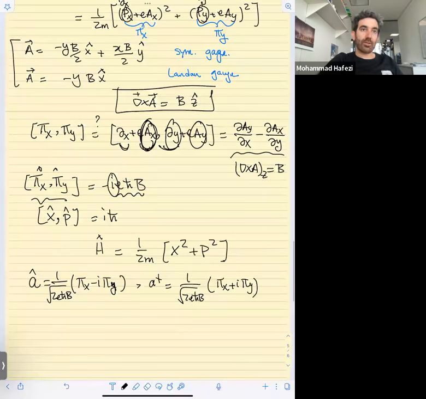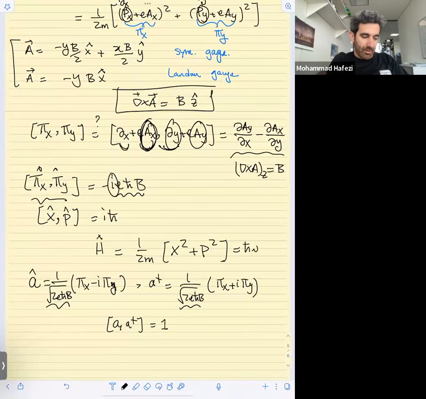I chose these prefactors such that a and a dagger become beautiful bosonic operators. So this Hamiltonian that we knew will be a harmonic oscillator. And if you work out the math, you beautifully recover that this omega, the frequency of the harmonic oscillator, is nothing but the cyclotron frequency.